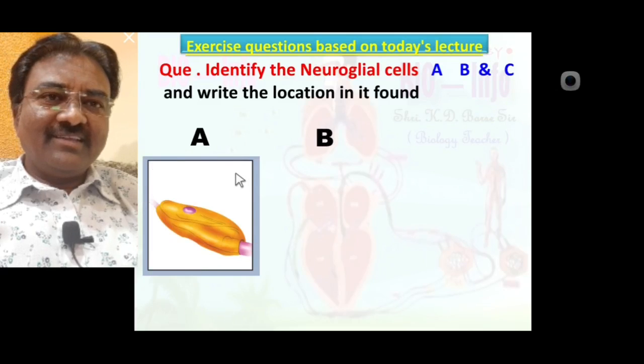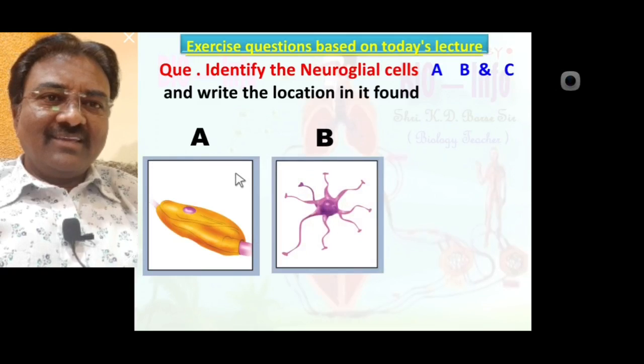Second, B. Yes, this diagram is astrocytes, neuroglial cells, no doubt found in the central nervous system.